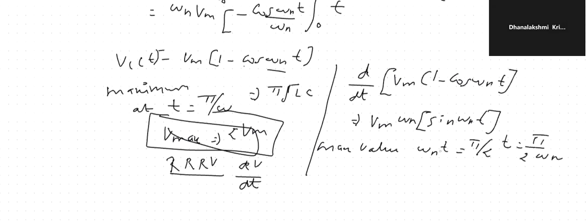The maximum value of RRRV is Vm omega n. So this is the maximum value of RRRV.